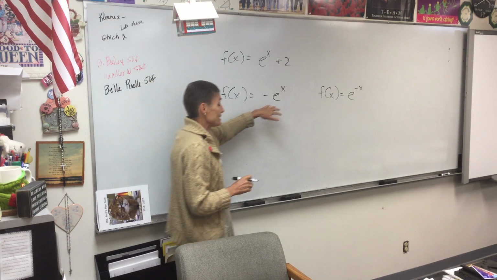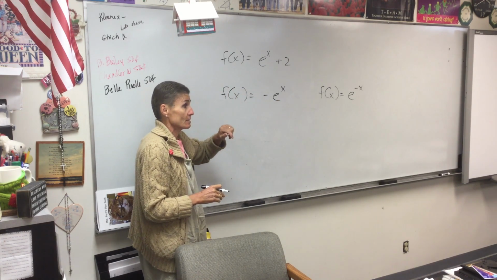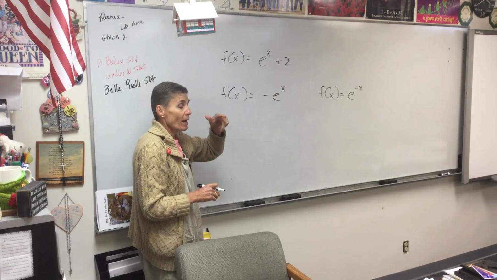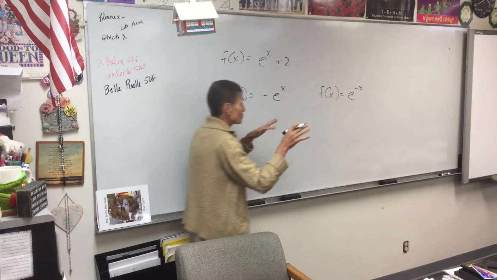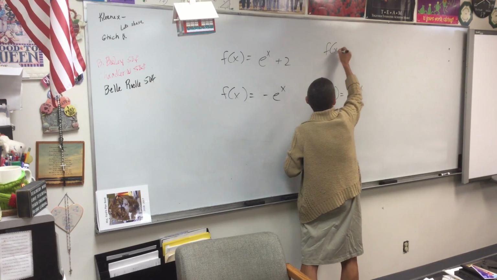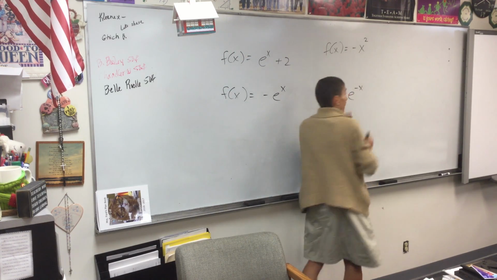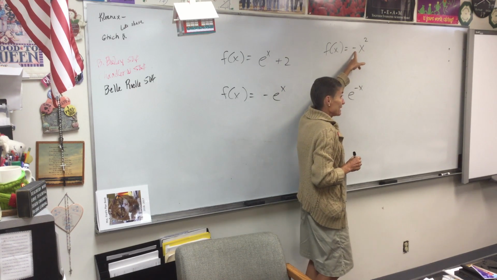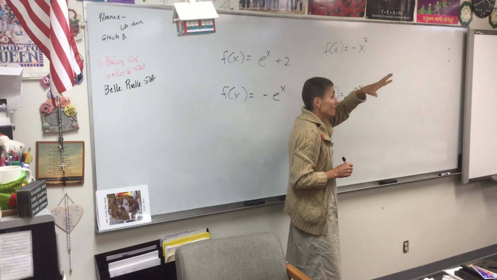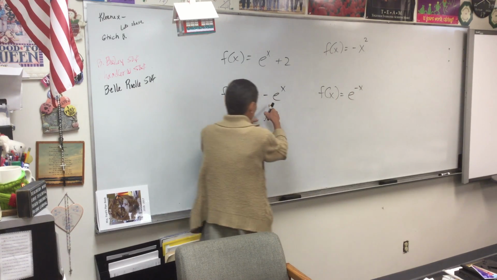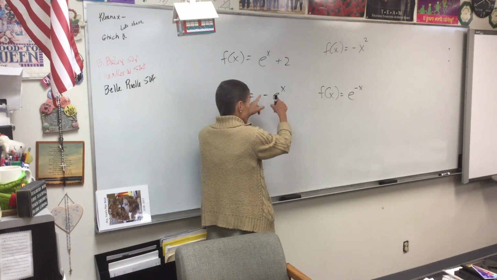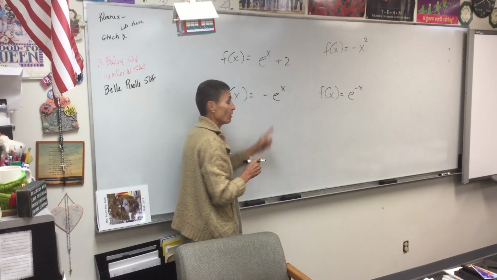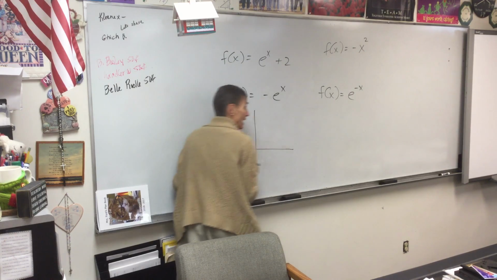Does anybody have any idea what putting negatives in these various places does? You know, because you spent a lot of time last year graphing upside down parabolas, right? That negative turns the thing upside down. So when you put a negative on the function itself, out in front, it's going to turn it upside down.